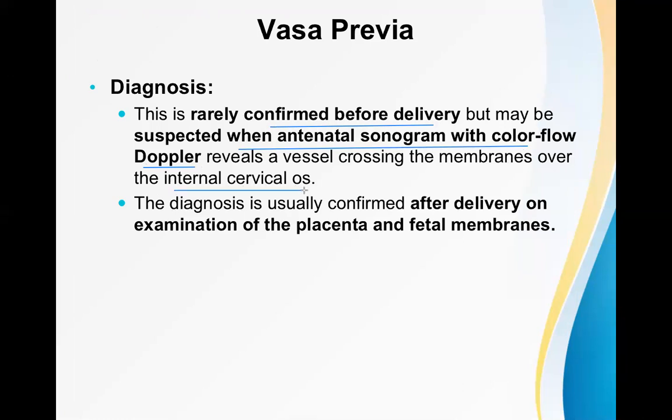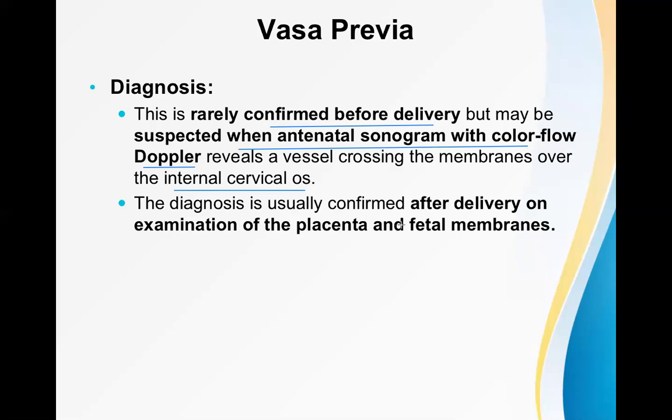This is called vasa previa, but it is difficult to find out during antenatal ultrasonography. A very good ultrasonologist can detect it if he or she examines very carefully.